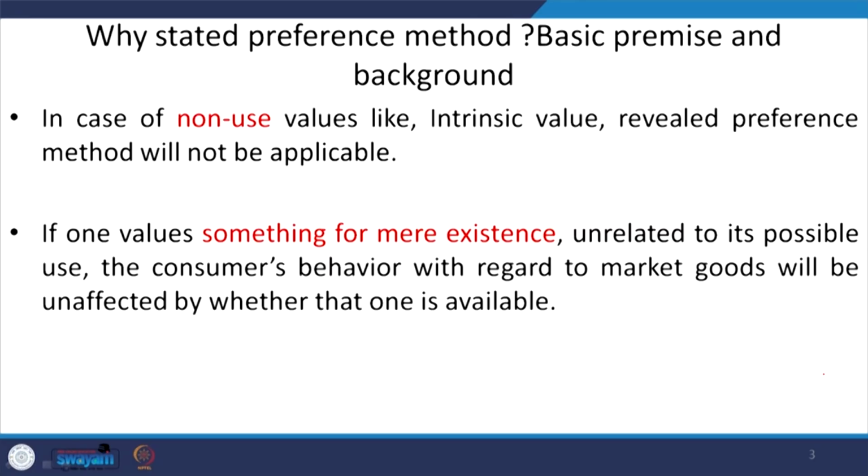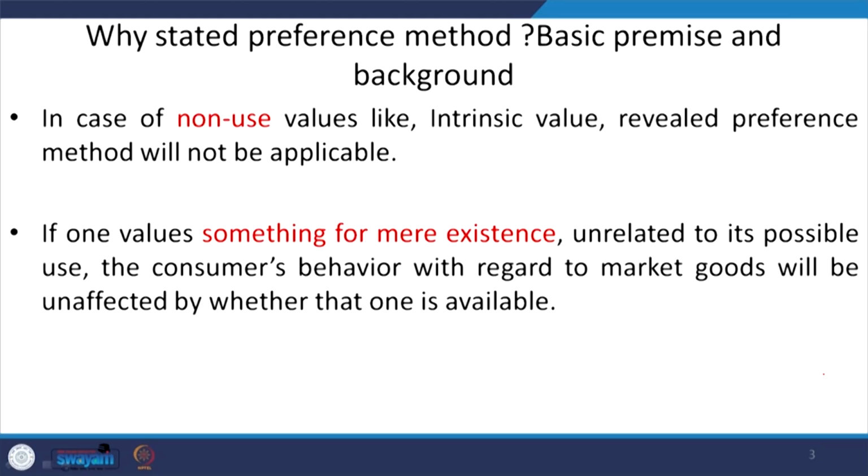But why is the revealed preference method not capable of estimating these non-use values? The answer is that revealed preference methods can estimate those use values where the behavior is revealed, the consumer's behavior related to market goods.